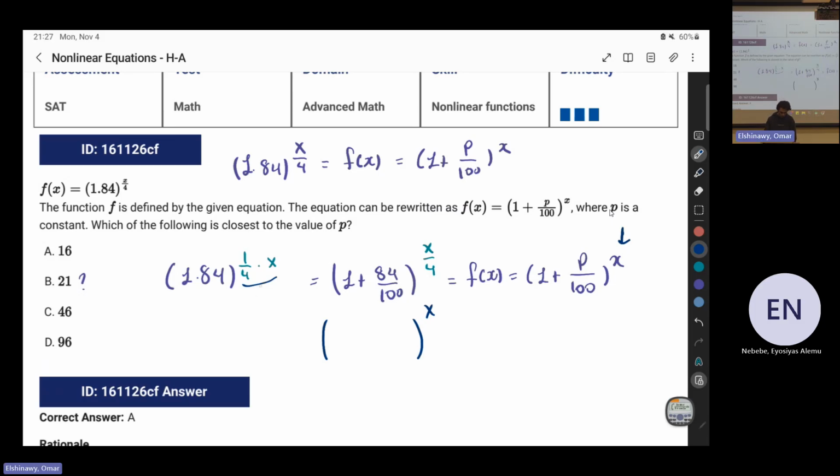I hope that's clear. And now we use a certain law of exponents, which says the following.